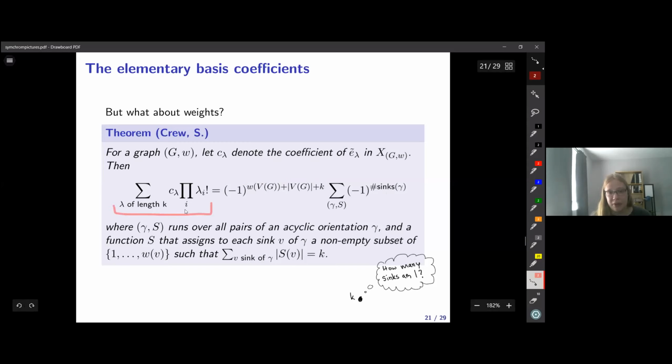The sum of coefficients gives the same sum over pairs of acyclic orientations and assignments of which parts of the sinks are actually counted as sinks that add up to the right total number.